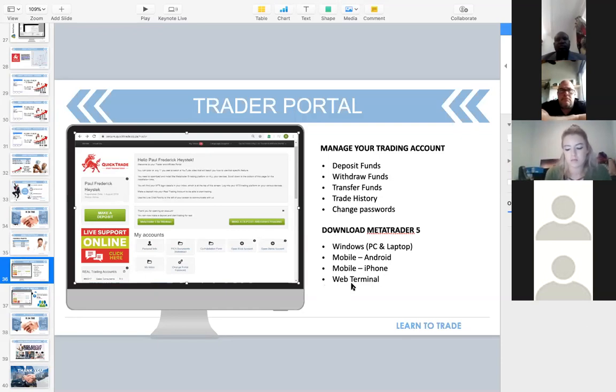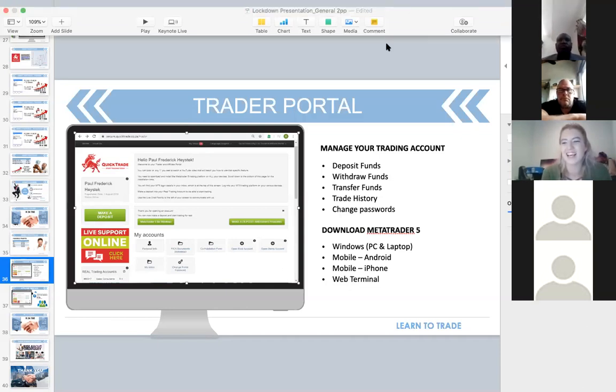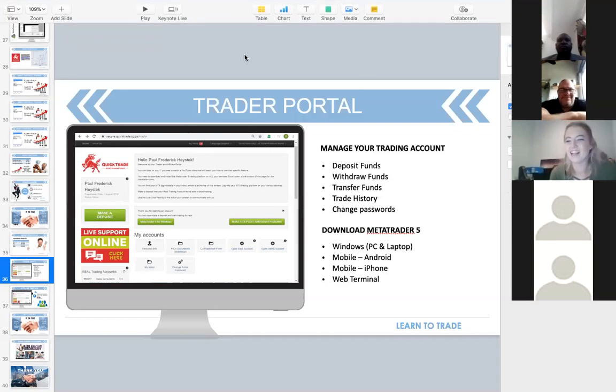So there is a web terminal where people have to log on instead. It's not only with MetaTrader 5 and our company, it's with MetaTrader in general. I don't think that Apple wants to allow us to have a free app on their store, because you have to pay for everything on Apple. That I only realized after I paid 38 grand for this computer.